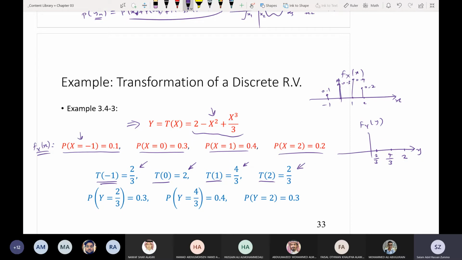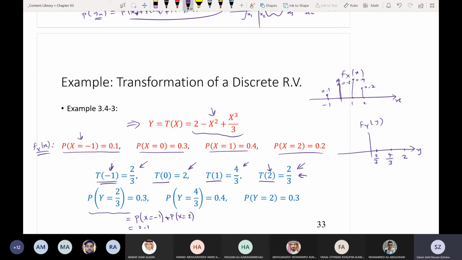So the probability that y equals 2 over 3 equals what? When does y equal 2 over 3? When x equals minus 1 or when x equals 2.